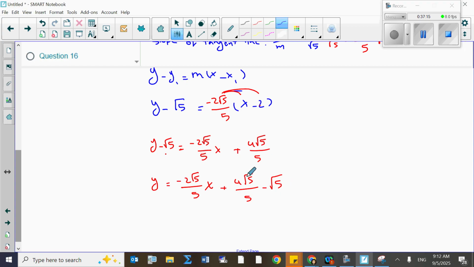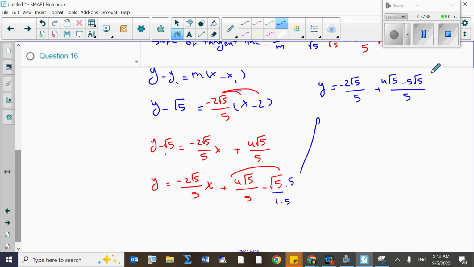So let's find this one. First of all, because I have a fraction, I want to combine these two. I'm going to put a denominator of 1 to make it the same denominator, multiply top and the bottom by 5. So I will have y equal to negative 2 root 5 over 5 x plus 4 root 5 minus 5 root 5 over 5. Because they have the same denominator, you keep the denominator and just combine the top.